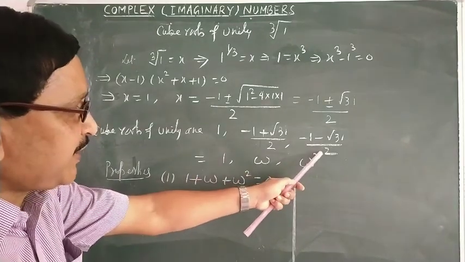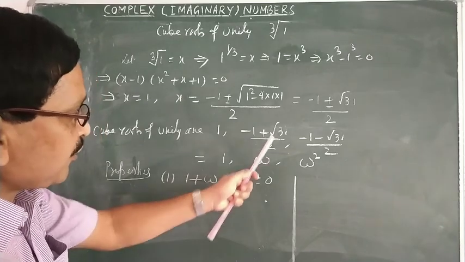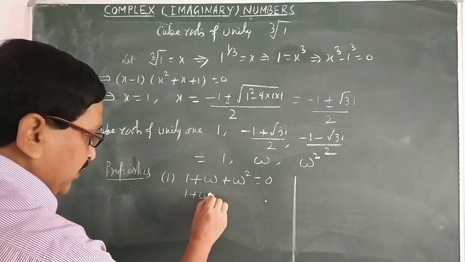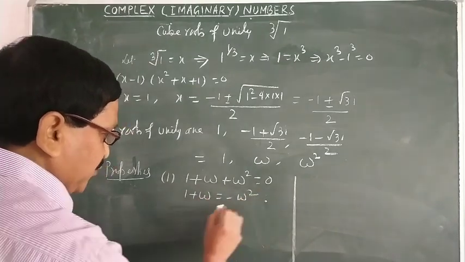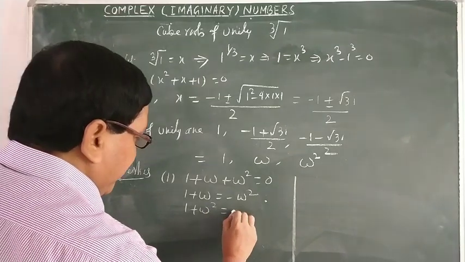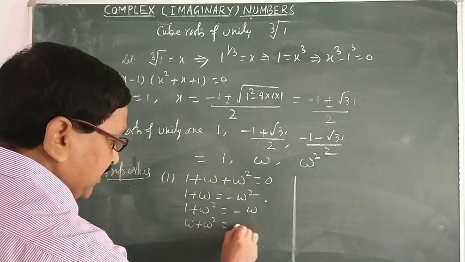When all are added we get 0. No need to verify it; you can verify on your own. From this we can use 1 plus omega is equal to minus omega square, 1 plus omega square is equal to minus omega, and omega plus omega square is equal to minus 1.